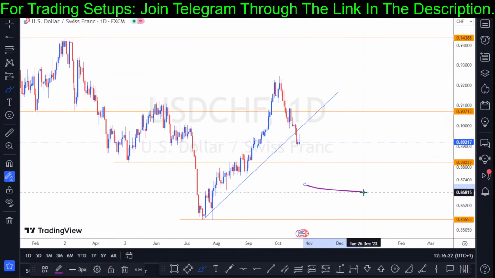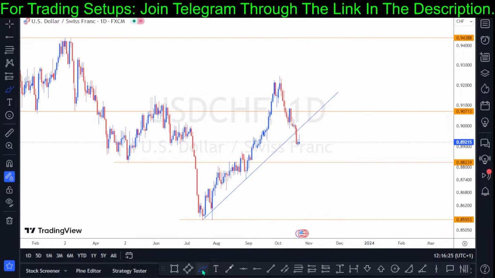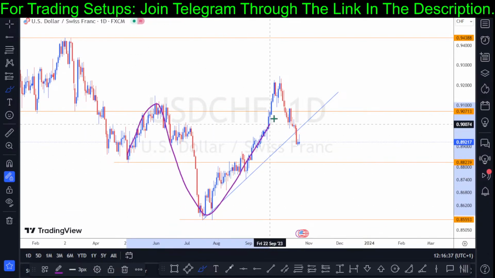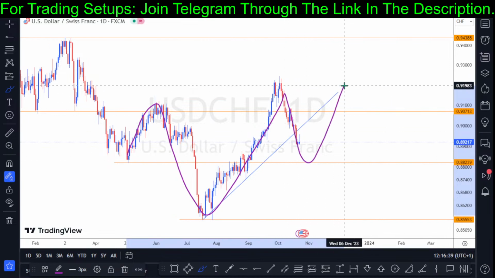So what I'm looking out for is how price is going to react to the support structure right here. Maybe price is going to give us an inverted head and shoulder chart pattern. If the market can offer that, we could have this pattern gravitate down like this. So this could be an inverted head and shoulder chart pattern.